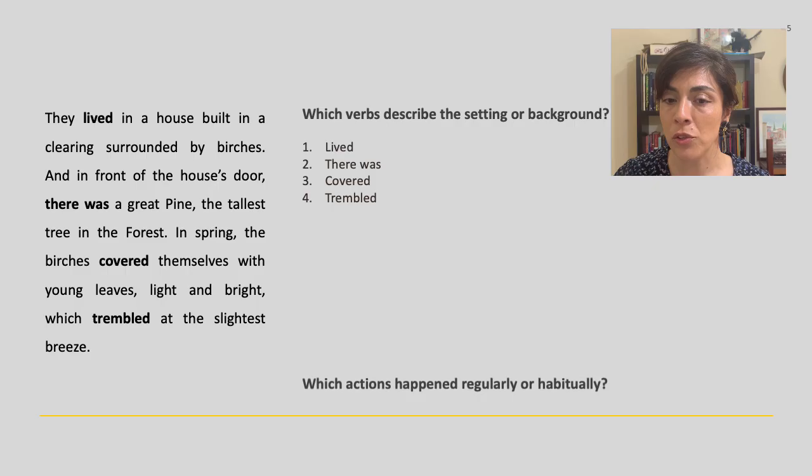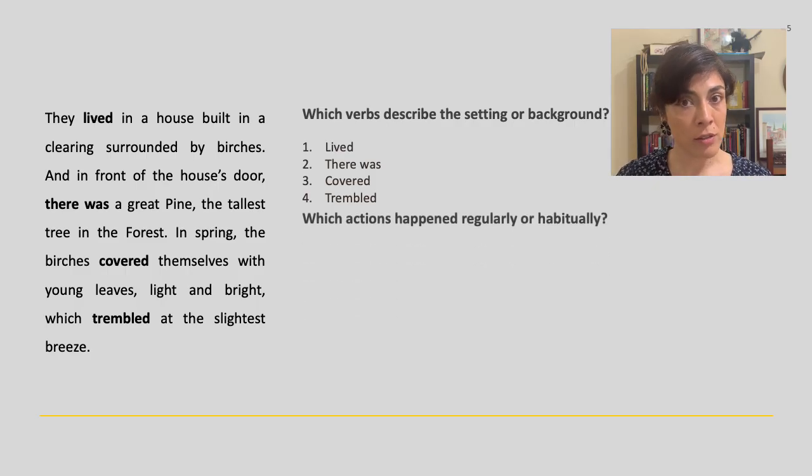Now, another question. Which actions here happened regularly or habitually? For example, what happens in spring? Pause and think. Do you have the answers already? In the text we have covered: in spring, the birches cover themselves.